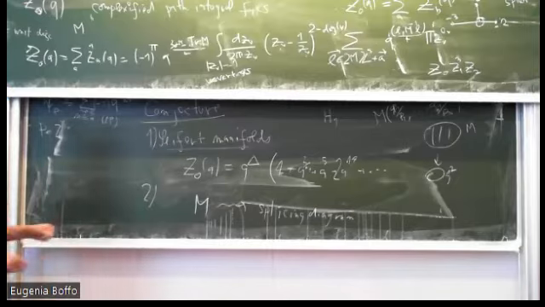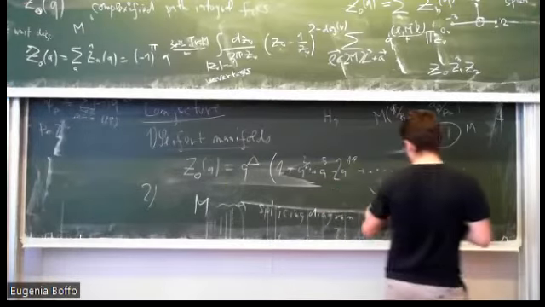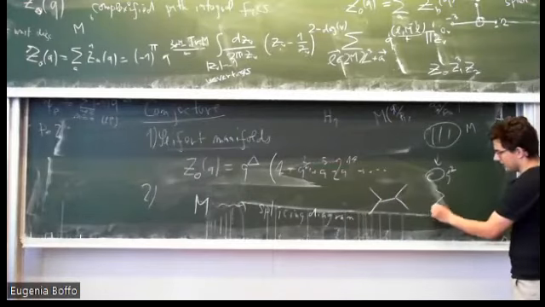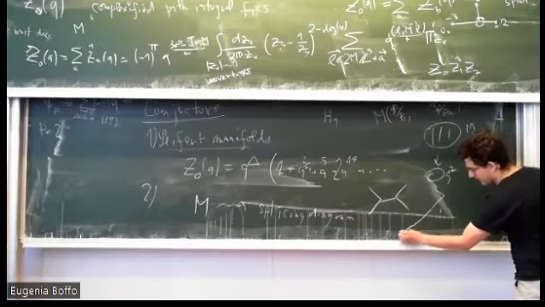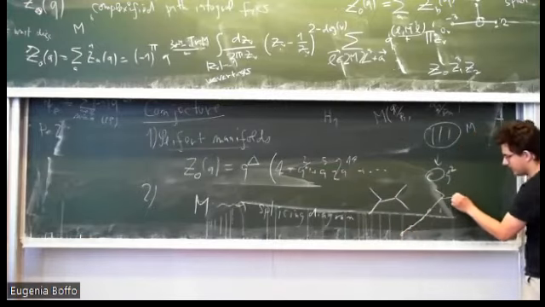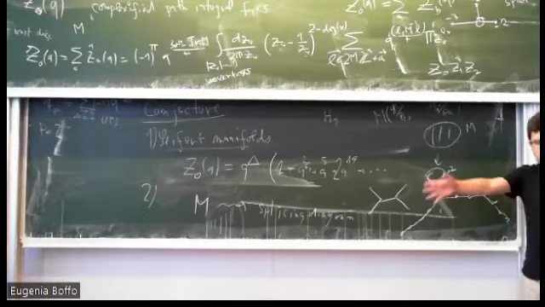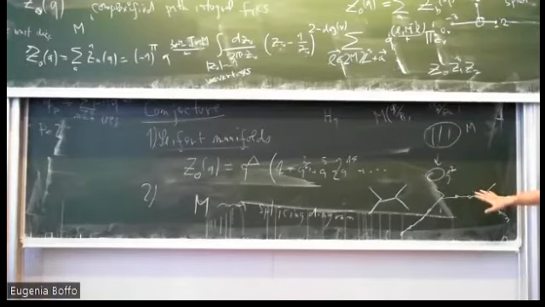Anyway, there are examples of graphs like this. And then there is another one which has many vertices. Yeah, I can give you the numbers, but it's maybe not interesting.